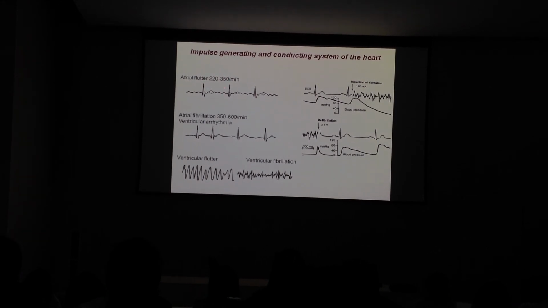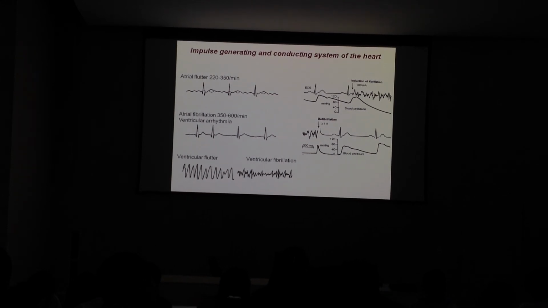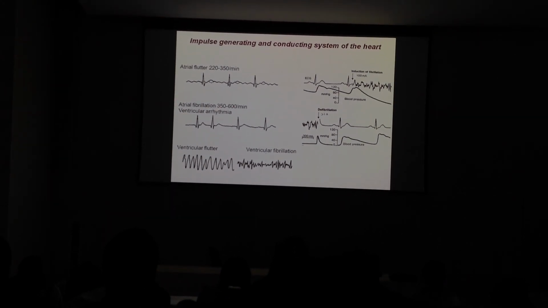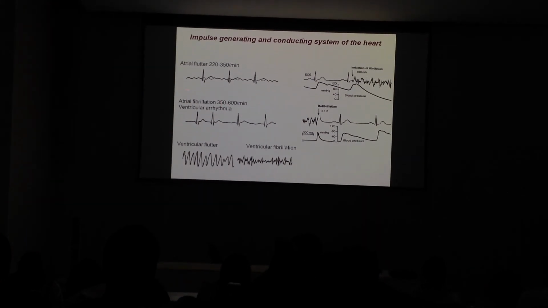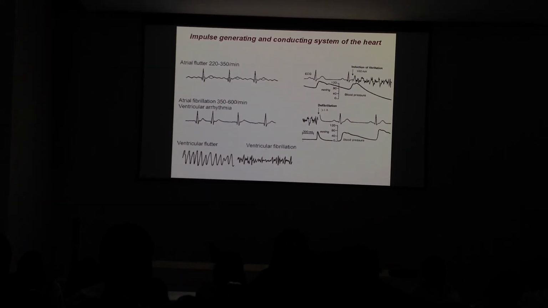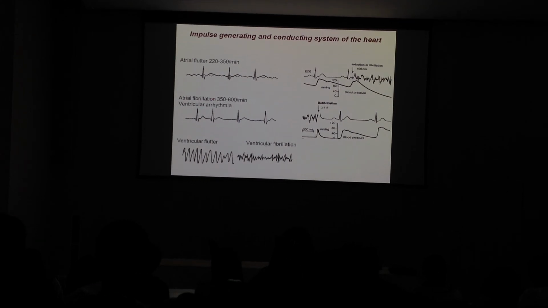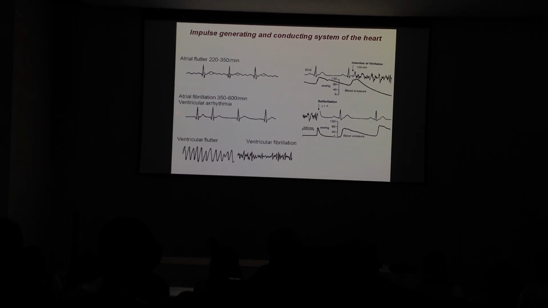In this case, the ECG record is full of P waves because the frequency is not too high. But if the frequency is higher, about 350, even 600 per minute, it is the real fibrillation.